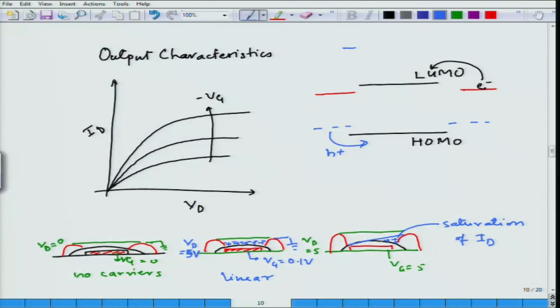So, you can see, although the terms remain the same, the N channel or the P channel, the reason why it is an N channel or P channel is not decided by the doping of the semiconductor, but by the work function of the metal. So, I can have the same transistor, and if I am injecting holes in the semiconductor, it is going to be a P type behavior for the organic thin film transistor.